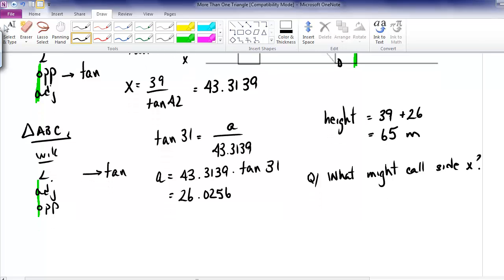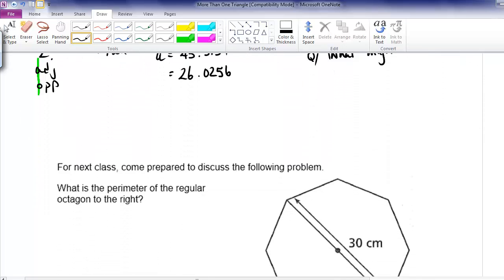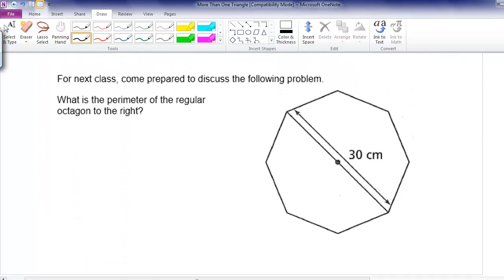Okay. So there's the end of the examples I want to do in the video. But here's what I want you to do right now. For next class, come prepared to discuss the following problem. The problem is, what is the perimeter of this regular octagon? An octagon has 8 sides.